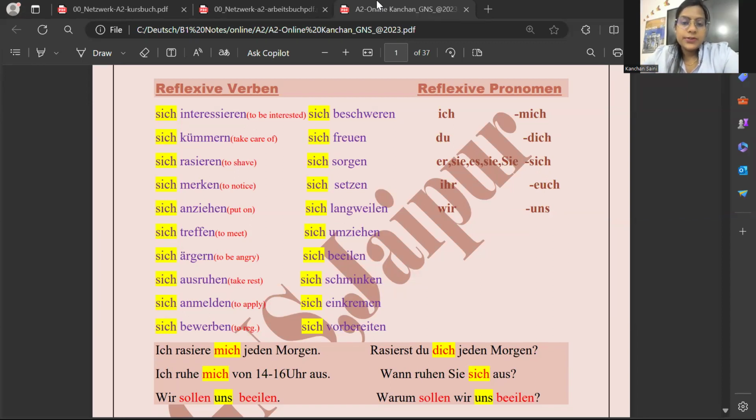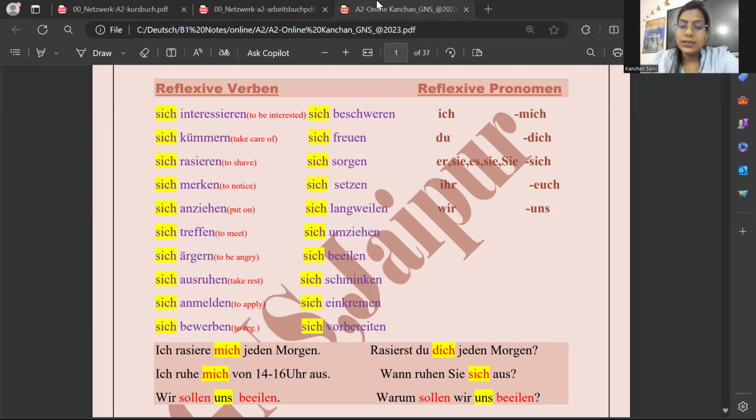Reflexive verbs always have this sich along with them, just like on the screen I have given it. Sich interessieren, which means to be interested. Sich kümmern, to take care of something. Sich rasieren, to shave. Sich merken, to recall something, to notice.